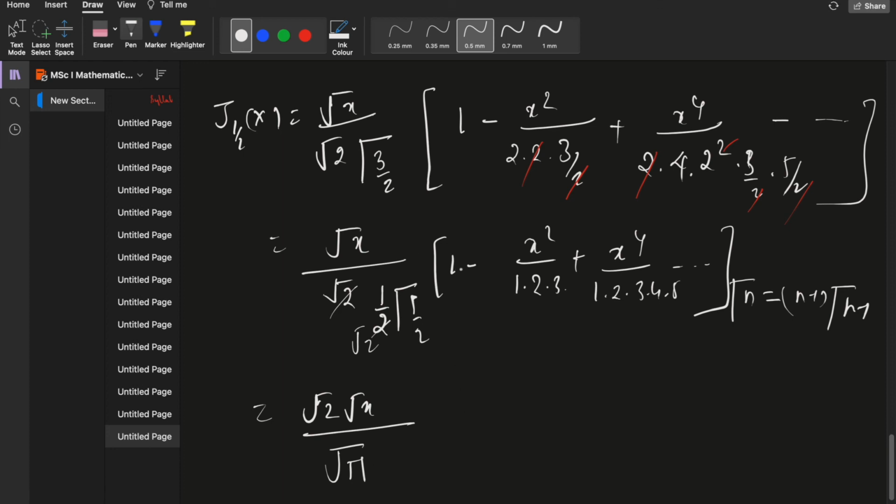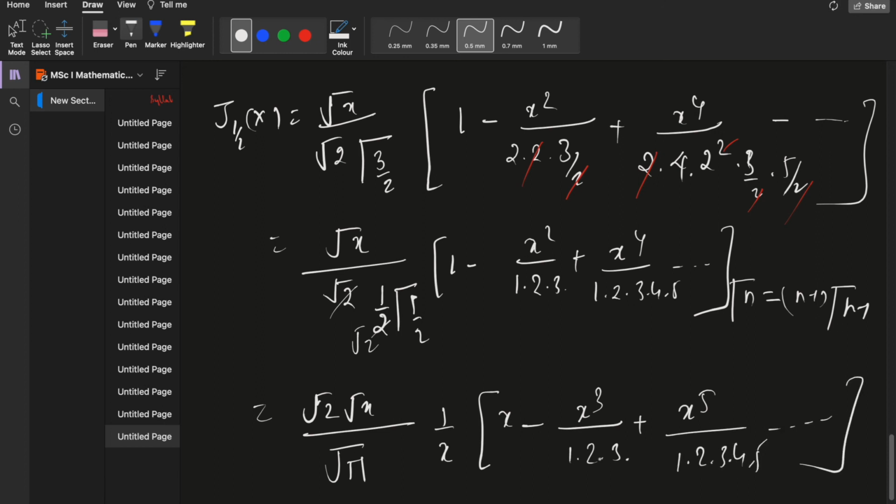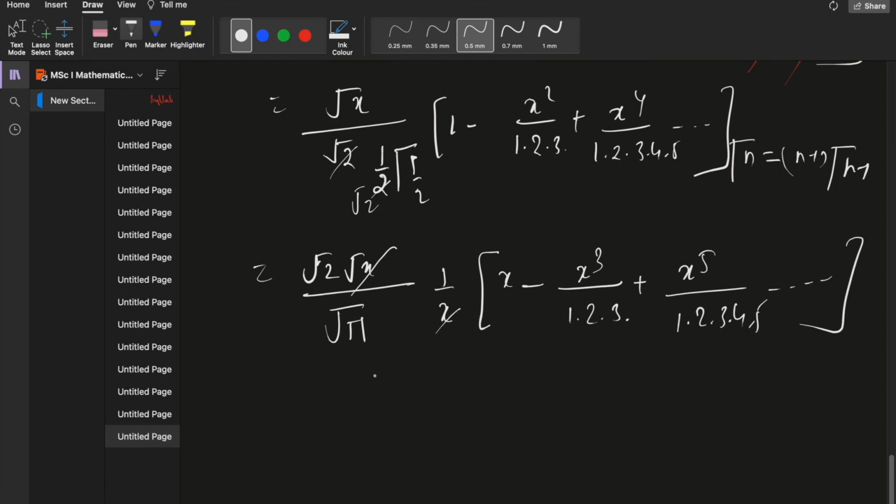Alright, now we need to form this series as sin x, so I just multiply and divide by x here. So this is x minus x cube upon 1 dot 2 dot 3 plus x to the power 5 upon 1 dot 2 dot 3 dot 4 dot 5, minus and so on. Just cancel this.